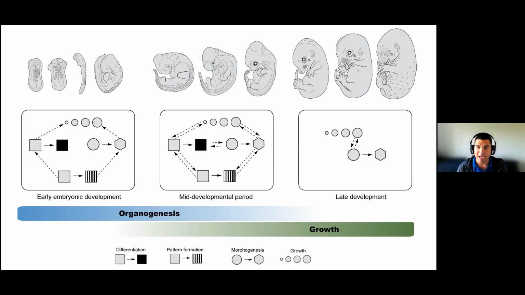And so we hypothesized that the late developmental stages are more susceptible to change and eventually evolutionary change. So this is important for what we can expect changes in developmental processes to produce in terms of phenotypic variation in animals.